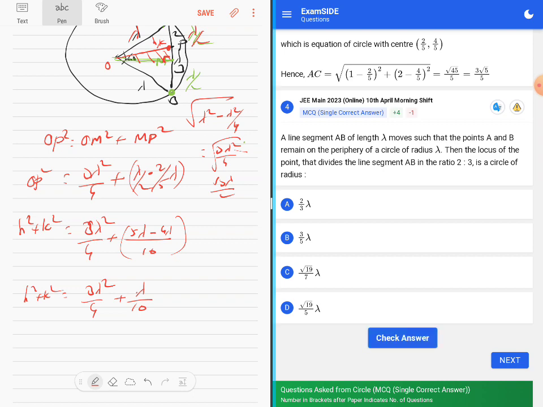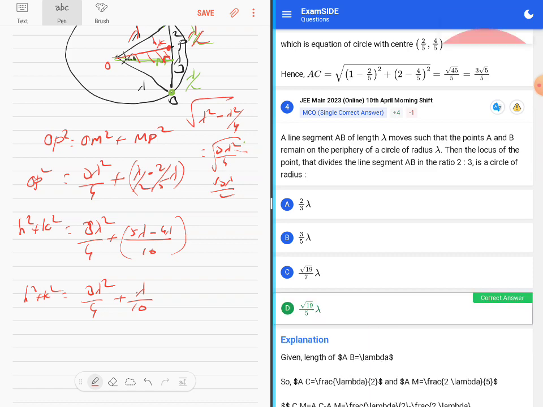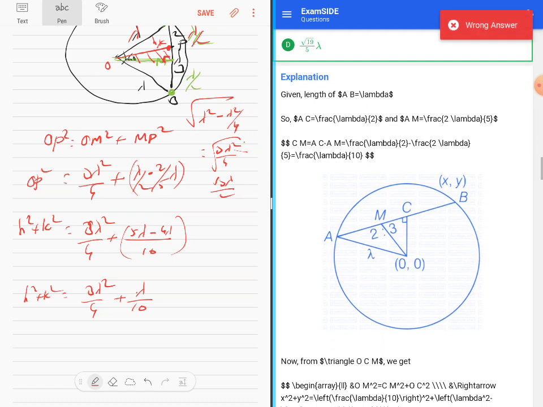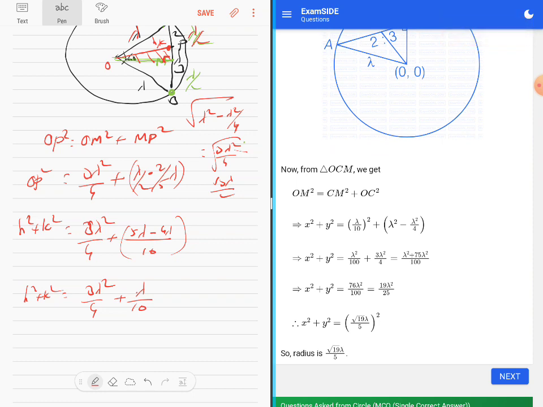Let's see what he has done. Then this the whole square, I'm sorry, again another mistake here. So then therefore this will be lambda square by 100.